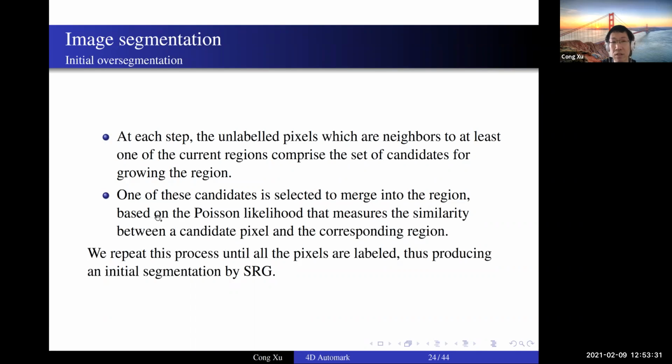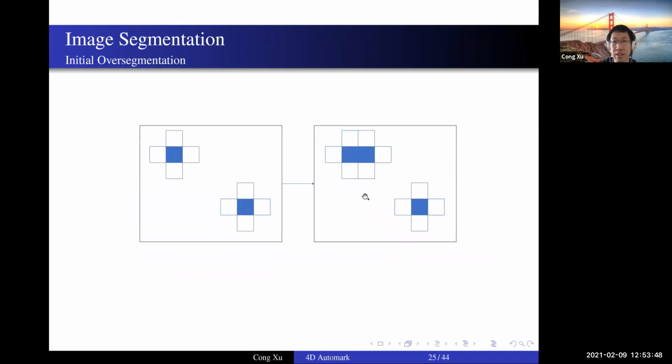In this case, specifically, we use the Poisson likelihood. This process is repeated until all the pixels have been labeled. So the whole image can be partitioned into different regions like that. Then that's the initial over segmentation. Any questions about this part?